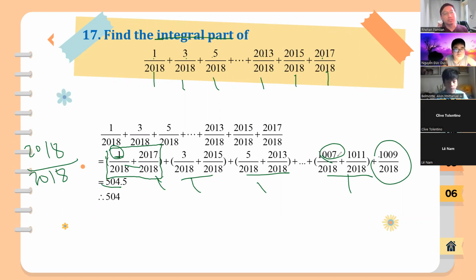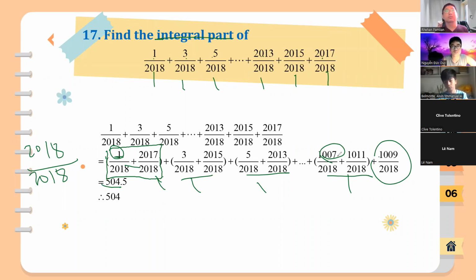So my idea is that I divided it by 4 because I also solved it this way in the screen, and I saw that the last pair is 1007 and 1011, which would be 1, right?